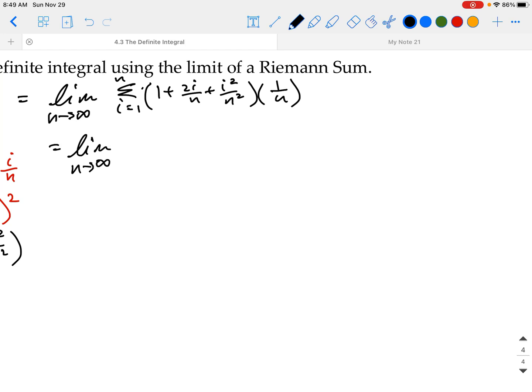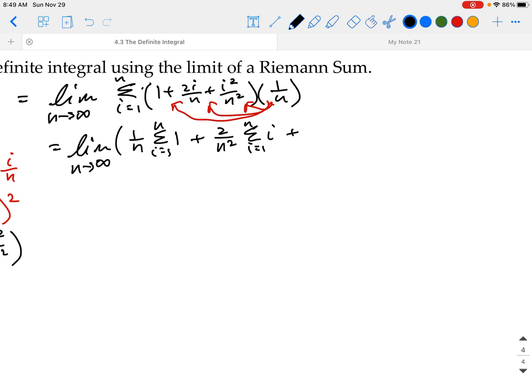So let's see here. I'm going to split the sum into each term after multiplying by my 1 over n. So 1 times 1 over n is just 1 over n, so I'm going to get 1 over n times the sum of i equals 1 to n of 1, plus 2i over n squared, so we can factor out a 2 over n squared, and we'll have the sum of i equals 1 to n of just i.